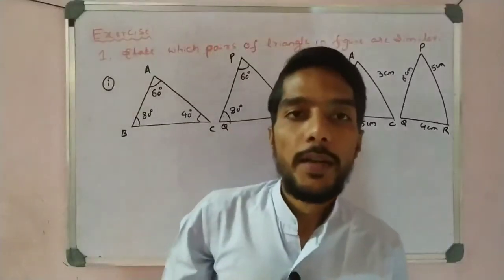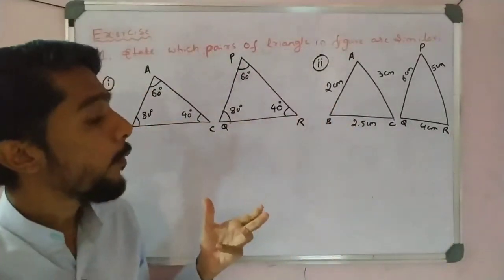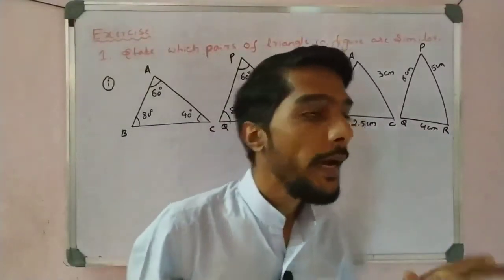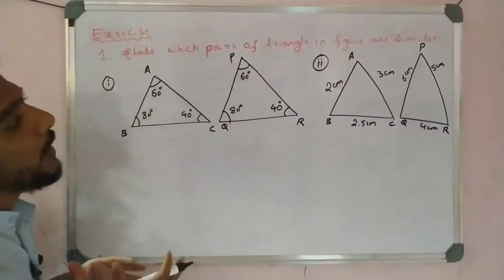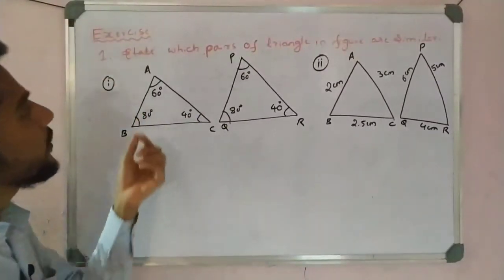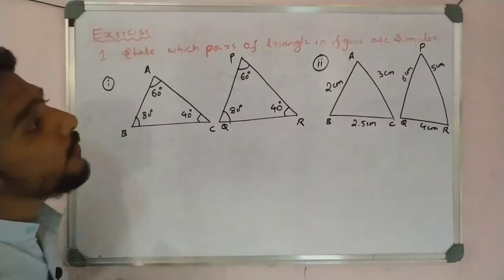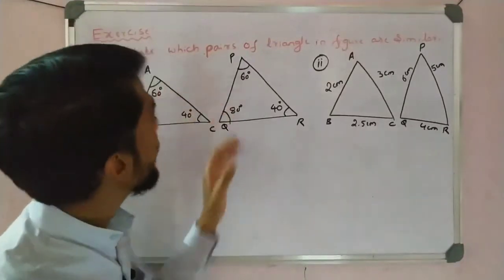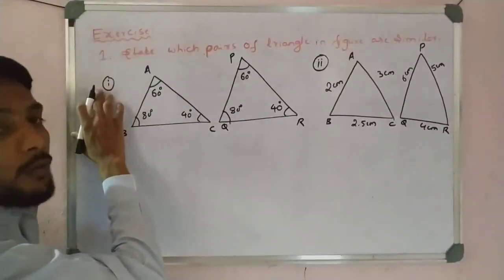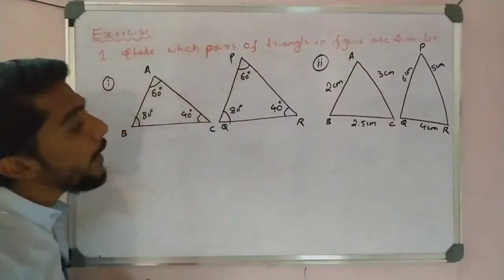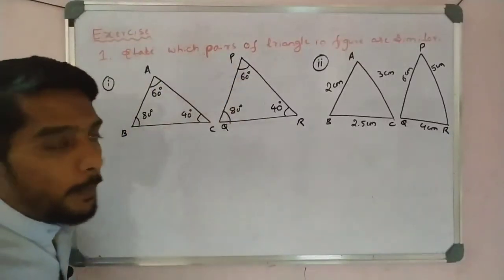Now students, take one very important example from the exercise questions. I take two diagrams here, two sets of questions. The statement is: state which pairs of triangles in the figure are similar. First take Roman 1. In Roman 1, observe that two triangles are given, one is ABC and one is PQR.